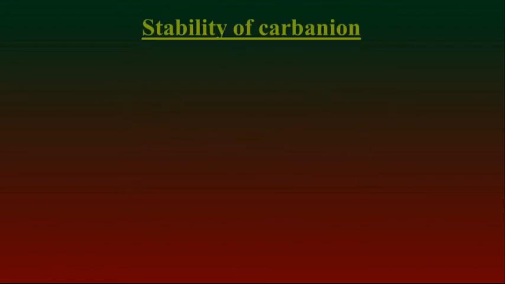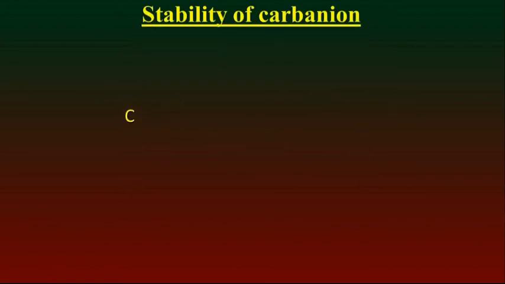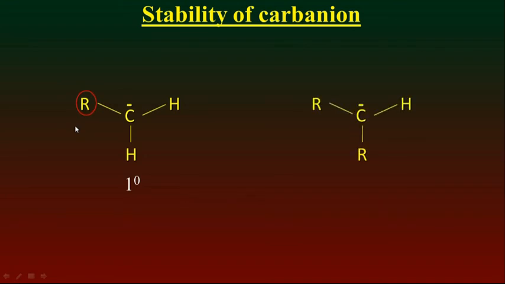Consider the next example, where a carbon atom contains a negative charge and has 1 alkyl group and 2 hydrogen atoms, so it is known as 1 degree carbanion. And consider the next carbon atom which contains two alkyl groups and one hydrogen atom, so it is called 2 degree or secondary carbanion.